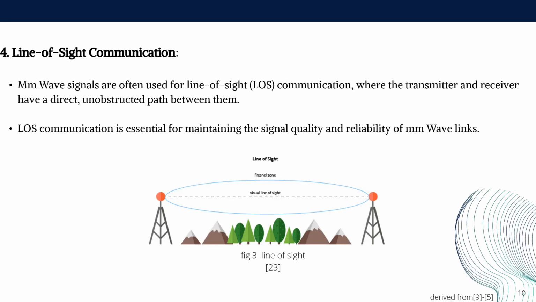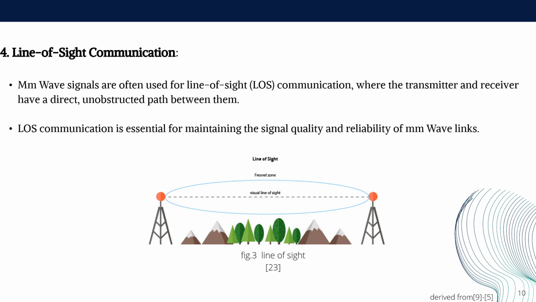After the antenna arrays implementation, it moves to line of sight communication. Millimeter waves are often used in line of sight communication. In line of sight communication, there is a transmitter and a receiver, and in between them there is a direct and unobstructed path.